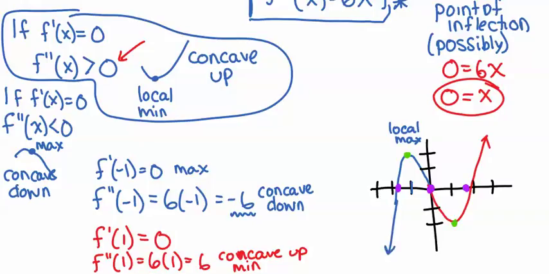Okay, so that's what our final graph looks like. We've got a local max, we've got a local min here. We've got concave down when x is less than 0, and when x is greater than 0, we've got concave up.